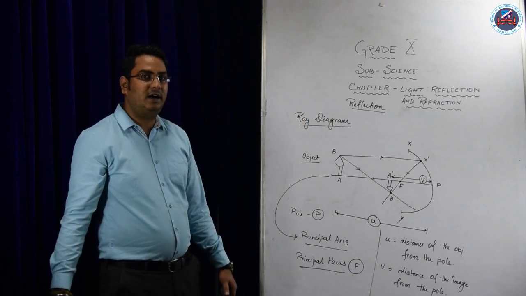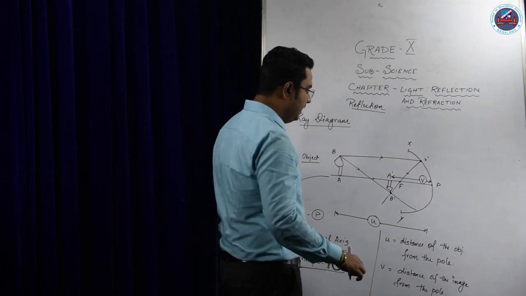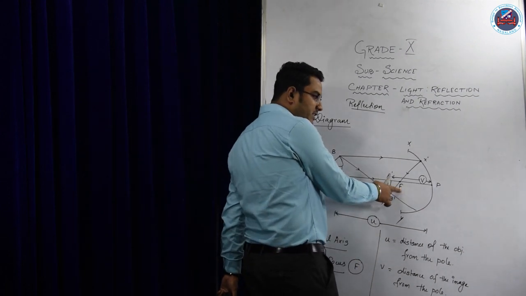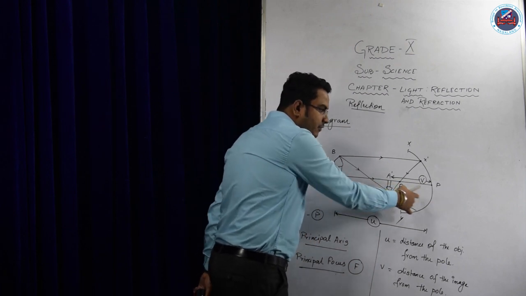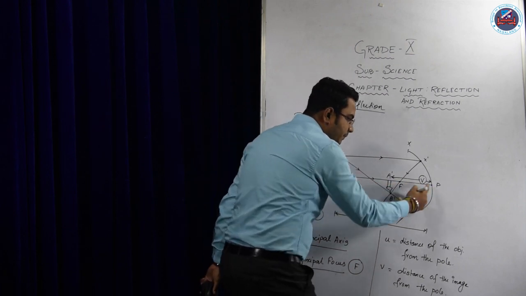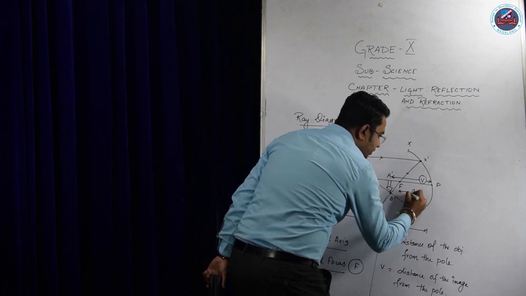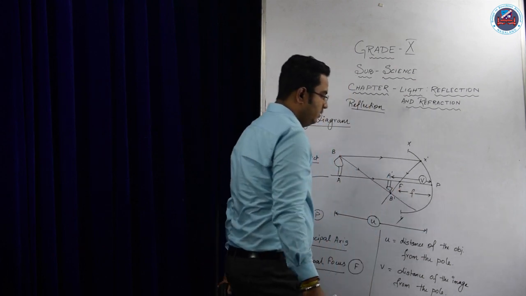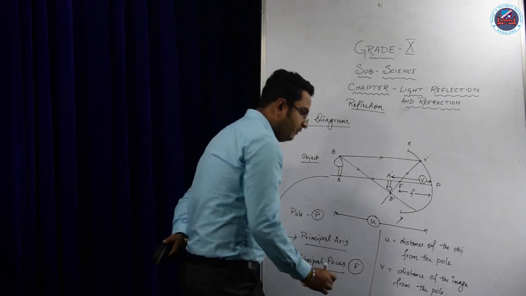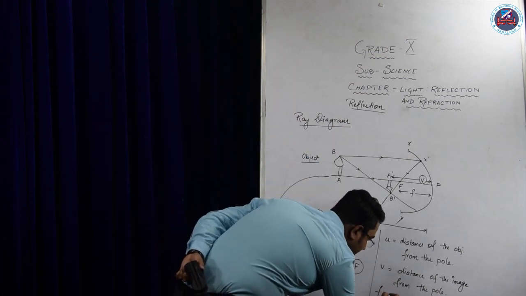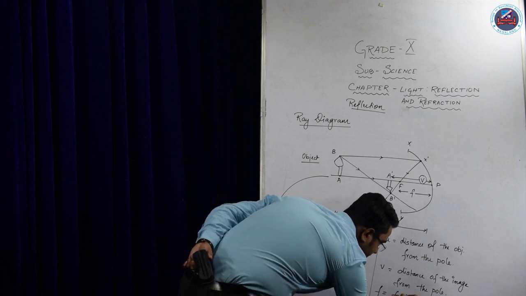And the final term is the distance between the principal focus and the pole. From principal focus, that is F, to pole, that is capital letter P, this distance is marked with small letter f. And what is this f called? This f is called the focal length.